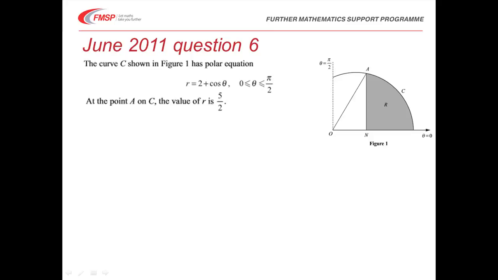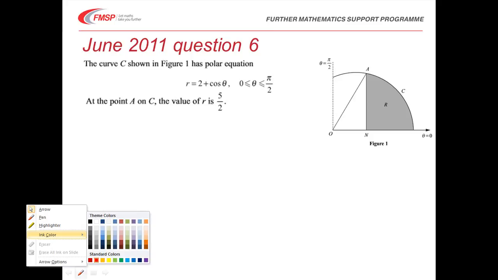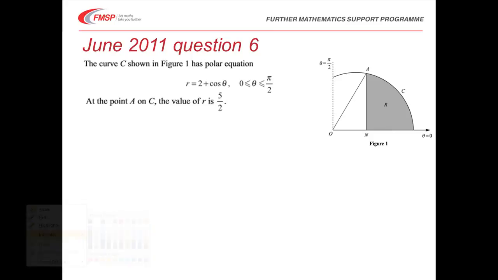Before we start trying to find the area, we need to be able to find the position of A, and we're told that the distance of A from the origin is 5/2 units.